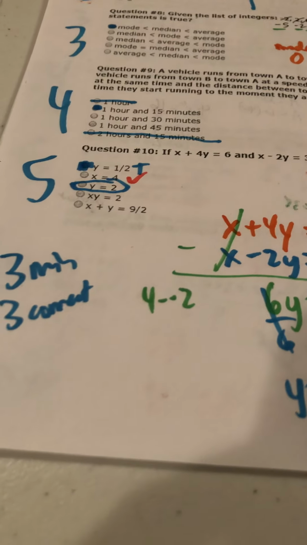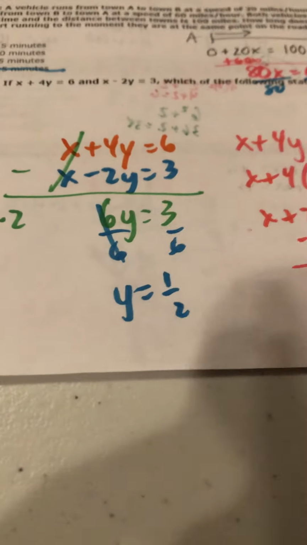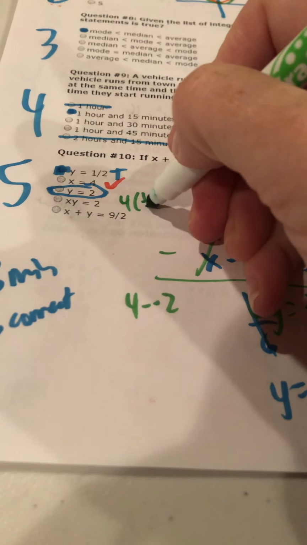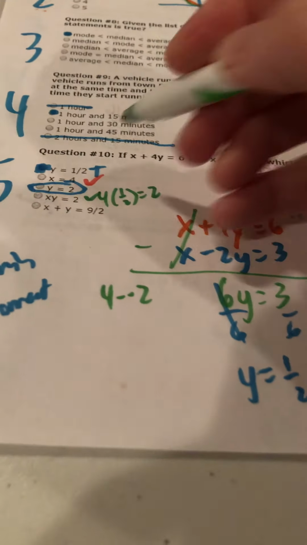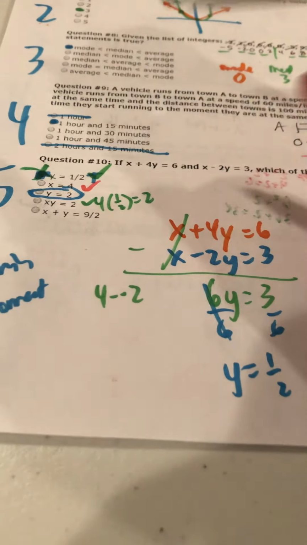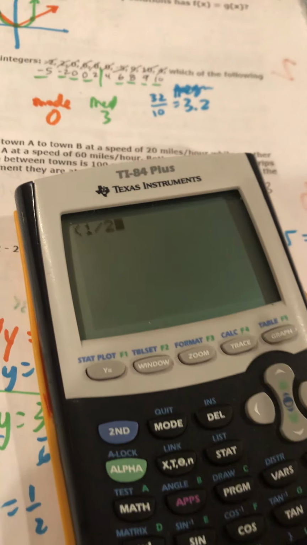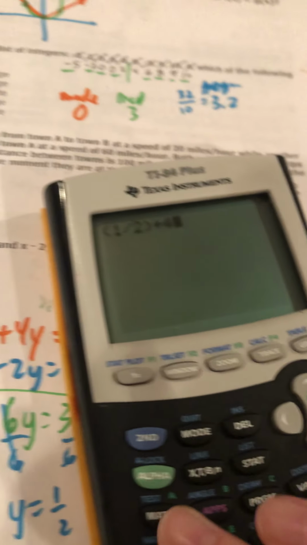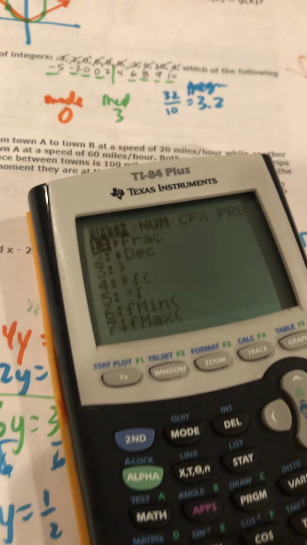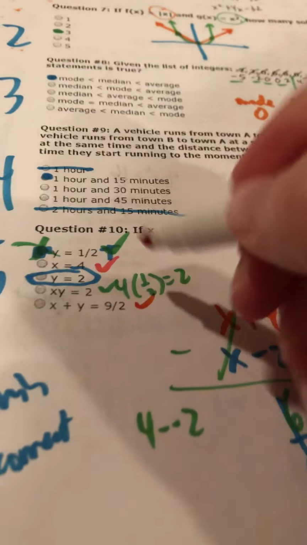And then it says, what's x times y? Well, 4 times 1/2 is 2, and so that's why that one's true. And then we got to add them. So again, we don't want to deal with common denominators, so you do 1/2 plus 4. Math, inner, and it gives me 9/2, so that's why that one's true. So it'd have to be the middle one.